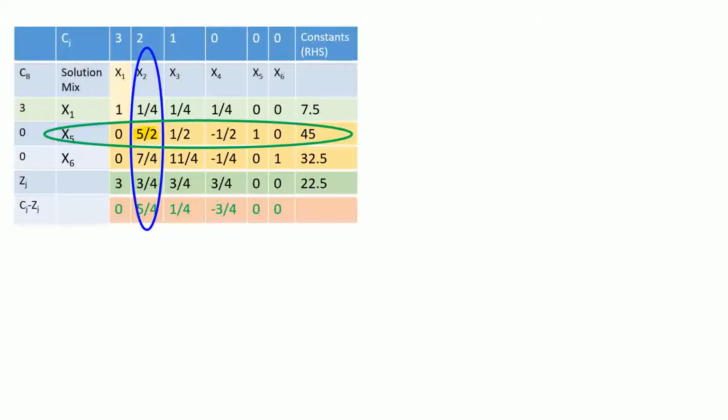The next step is using elementary row operations. We have to make the pivot value 1 and the remaining values in the pivot column 0. In the first row here we have to make 1/4 to be 0 and 7/4 to be 0, and we have to make 5/2 to be 1.